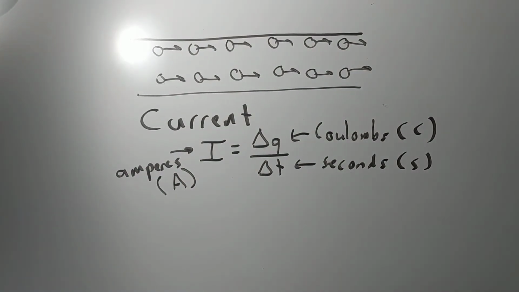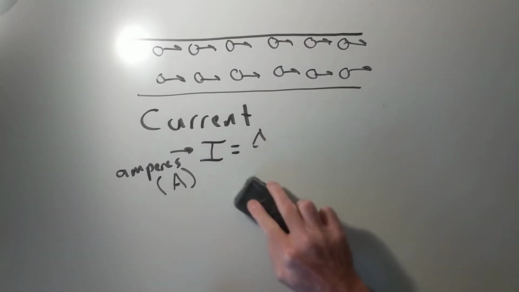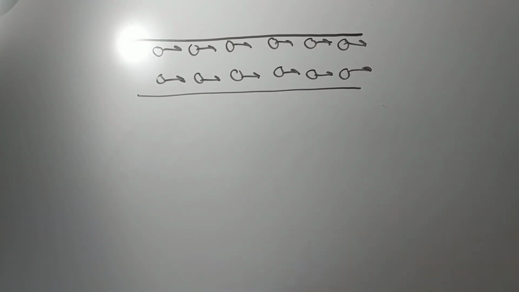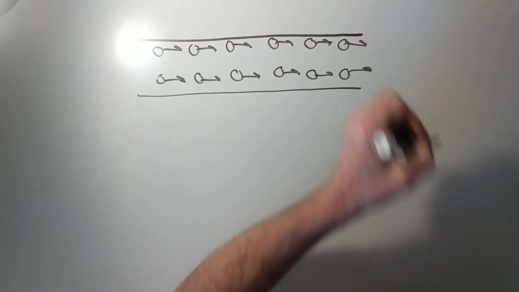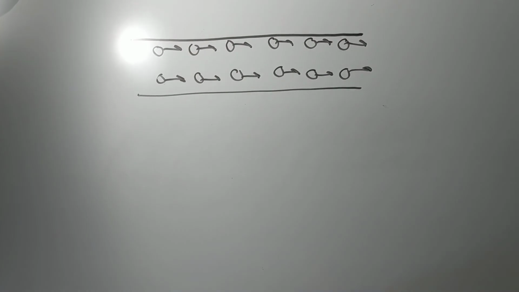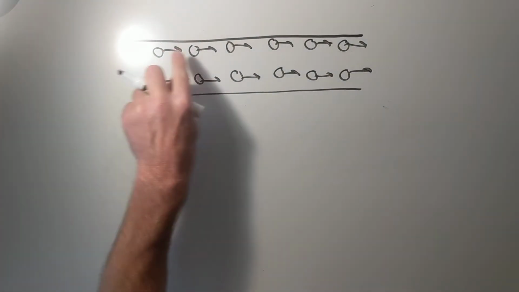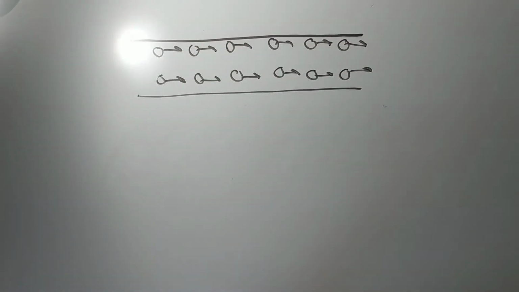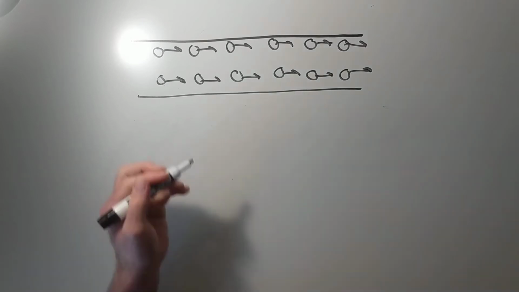And usually this is a pretty simple calculation that you can do. For instance, let's say that in this wire, in a time of 2 seconds, we had 10 coulombs pass by. You will see, in these wires, quite a bit of current can actually flow through.